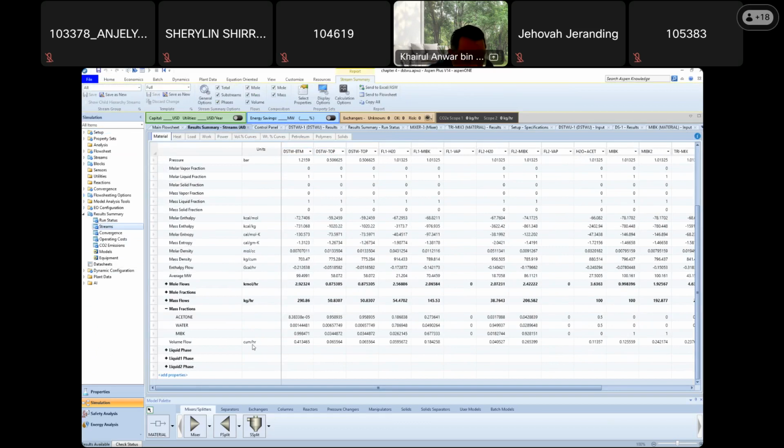So my fraction of acetone at the STW top is 0.96. So MIBK bottom. Okay. Next is the reflux ratio versus theoretical stage.